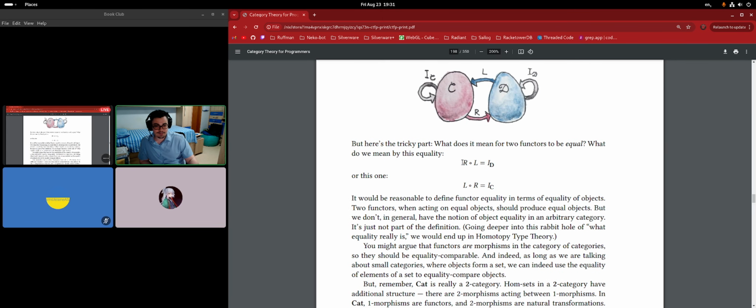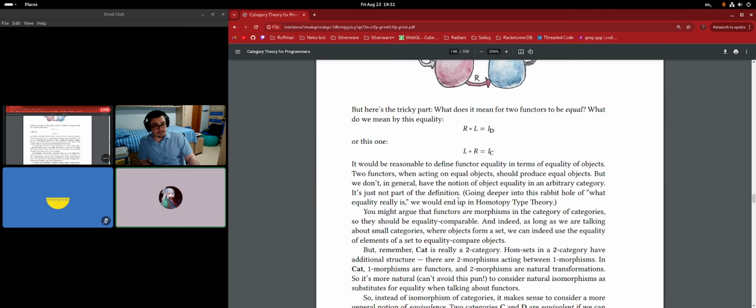This is what we are basically drafting. The draft is saying that if you do R after you have done L, this is the same thing as this arrow here, and the other one is analogous. It's symmetric, in fact. But here's the catch.